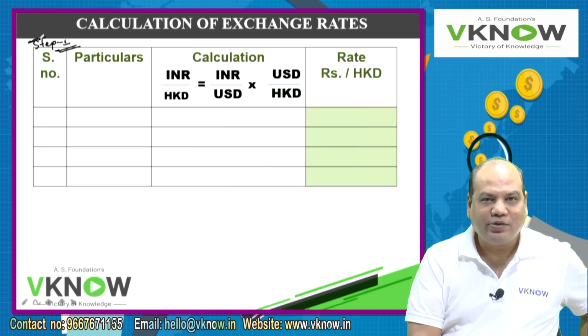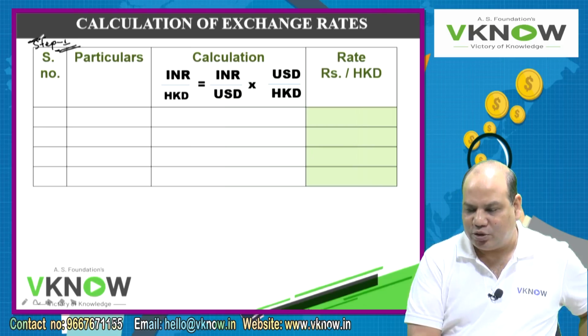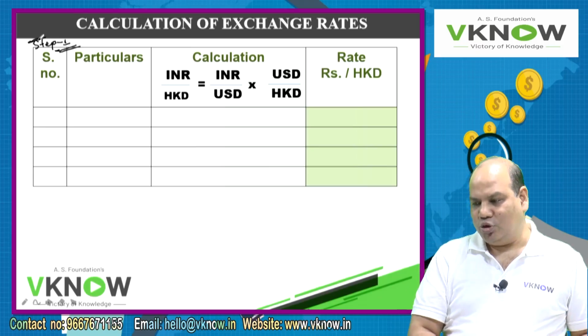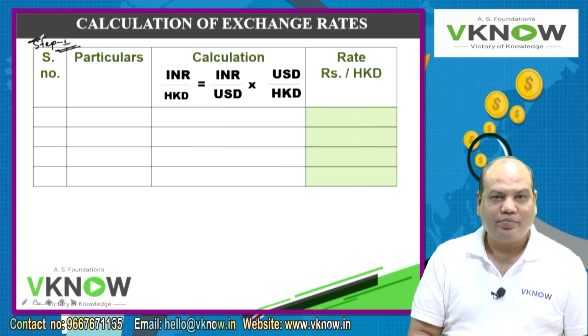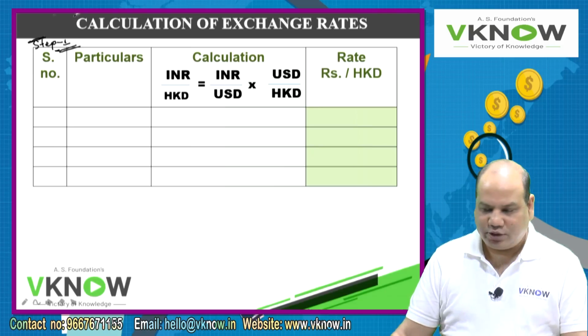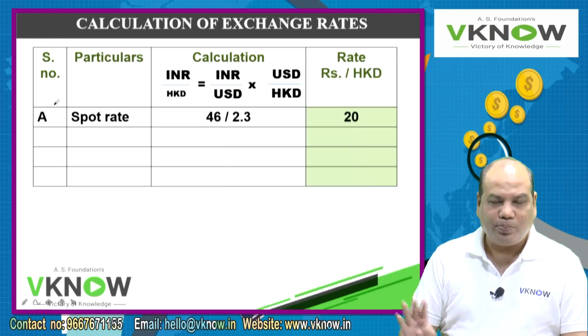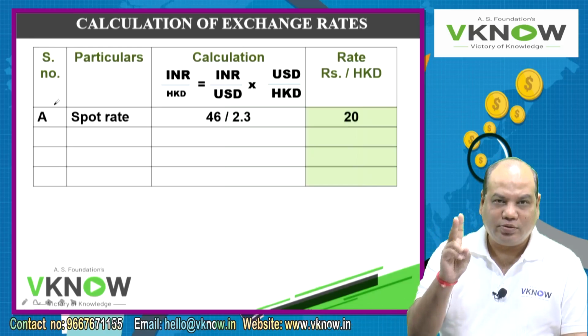Calculation column: INR per HKD equals, this is cross rate rule 1, INR per USD into USD per HKD. In the last column write down rupees per HKD. Now we have to compute 4 rates: spot rate, estimated rate, forward rate, actual rate.